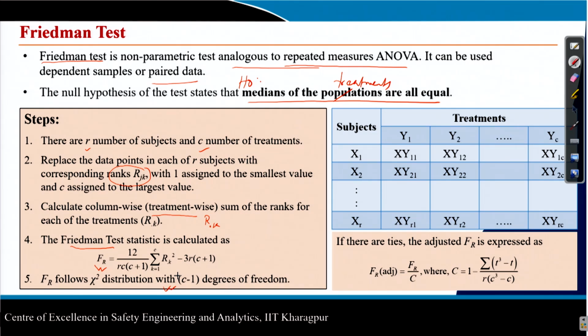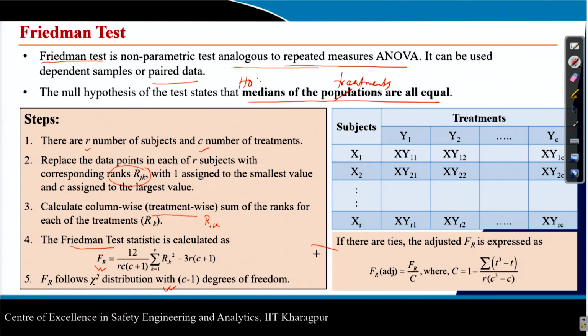That is basically the difference, and that is why here it is non-parametric and earlier it is parametric. But at the end, again you are creating a ratio like this, some quantity F_R, and that F_R approximately follows this chi-square distribution with C minus 1 degrees of freedom.